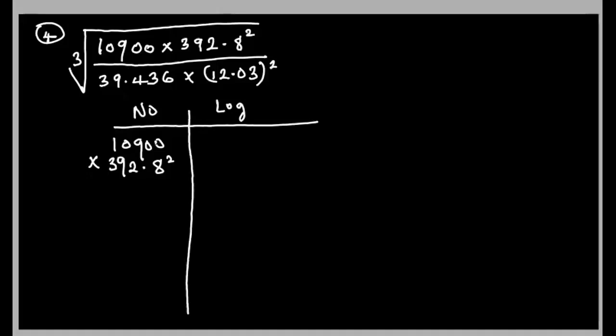10900 has 1, 2, 3, 4, 5 digits. So do 5 minus 1, and you have 4 point something.